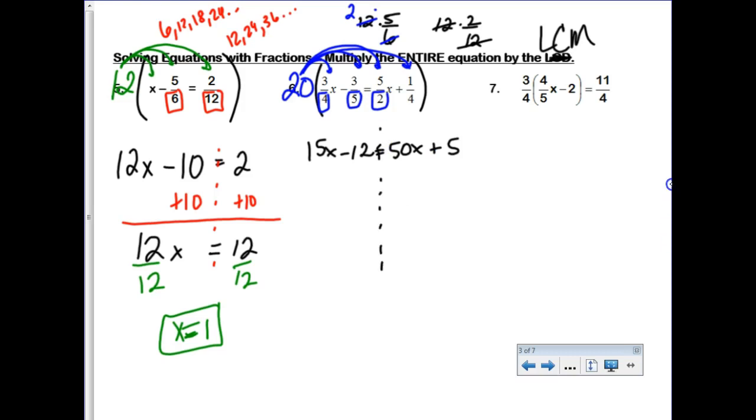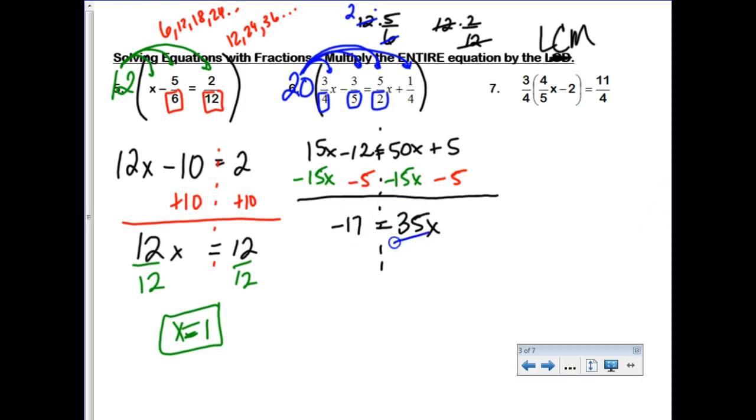So we have this beautiful couple-step equation here that I'm just going to solve pretty quickly. I'm going to subtract 15x so I can move my variables to the right this time. And while I'm at it, let's move a constant to the left. So we have negative 17 equals 35x. And then our last step would be to divide both sides by 35.